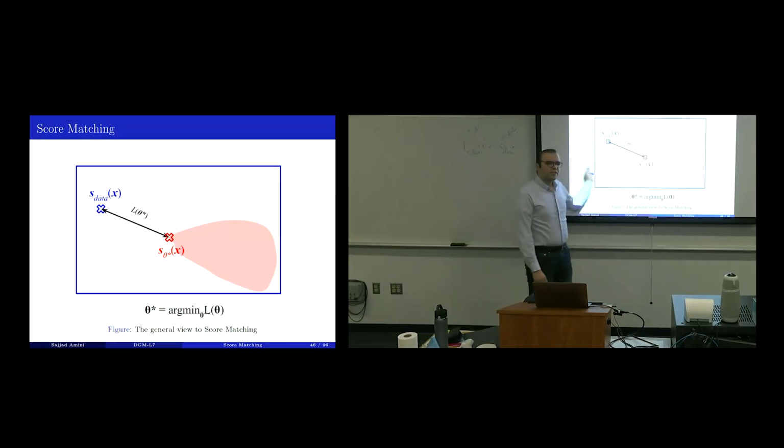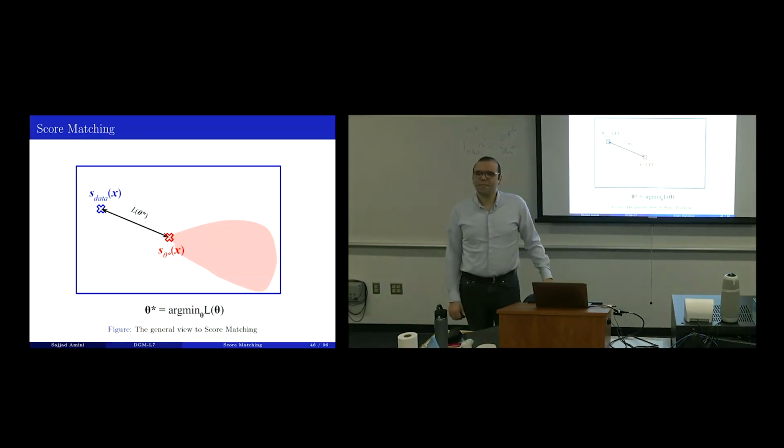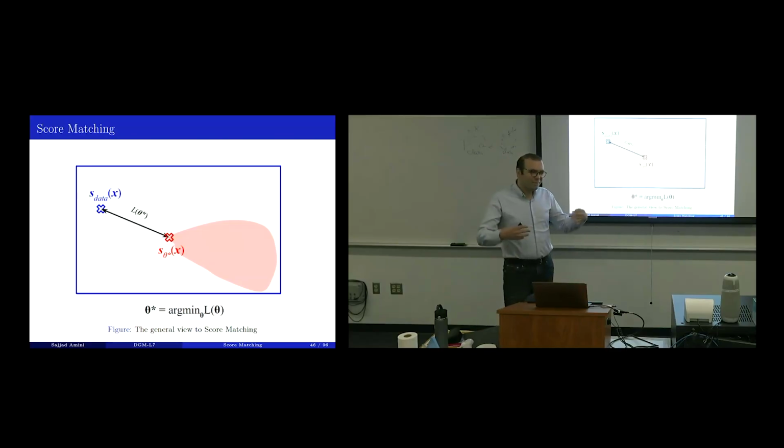So, assume that I train this model. At the end of the day, I have S theta star of X. What can I do with S theta star of X? One approach is to recover the PDF, but that's very hard. Why?